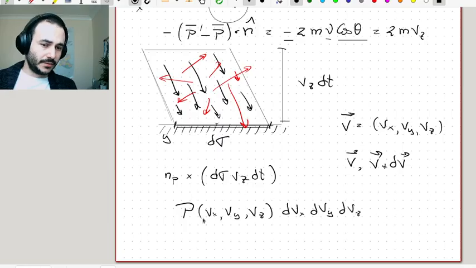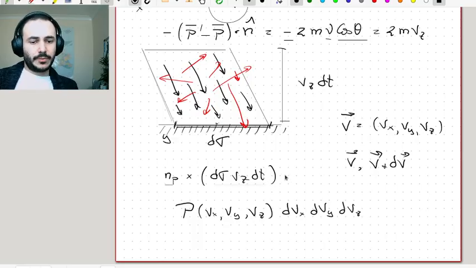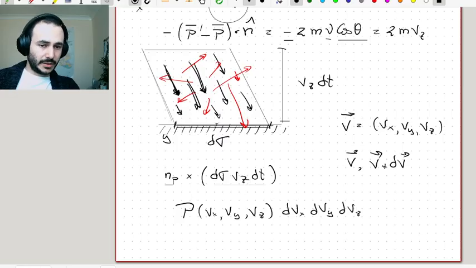This gives me the probability of finding a particle moving with this specific velocity. So if I have all the particles in the cylinder and I multiply by such probability, I have counted all those particles which are, at least infinitesimally, parallel to the velocity that I care about. So all the black highlighted particles here.